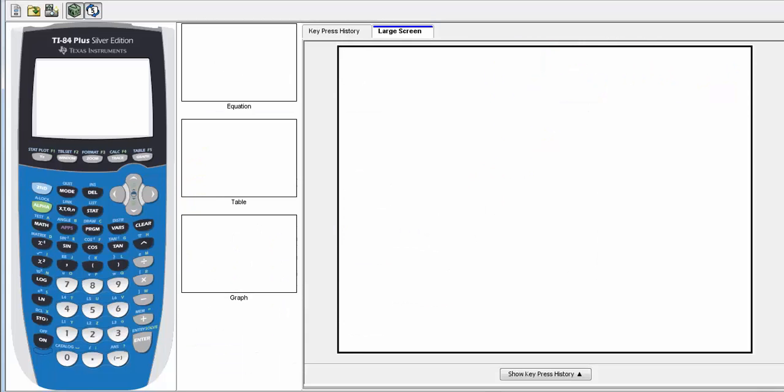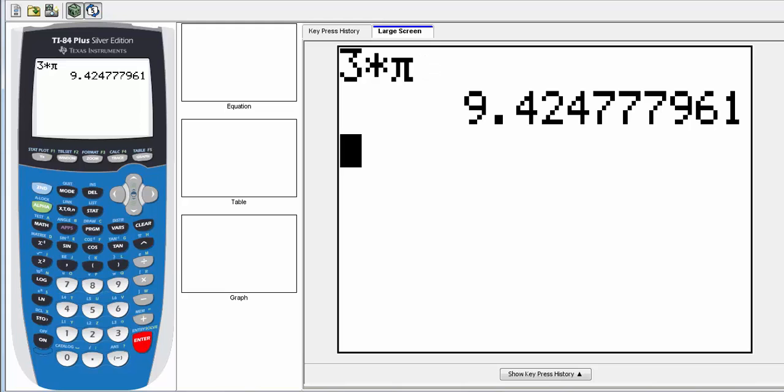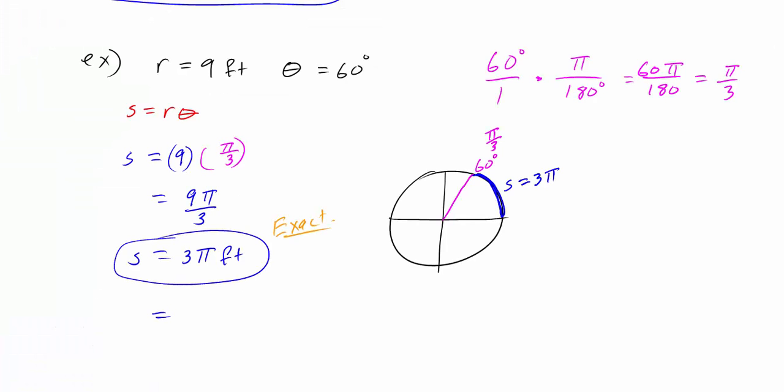So if you go to the calculator and multiply 3 times pi, you're going to get approximately 9.42 feet. And this would probably make a little bit more sense to us because we can kind of visualize it.